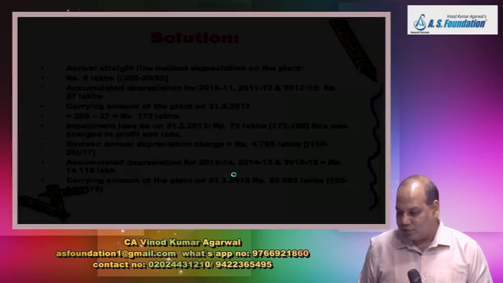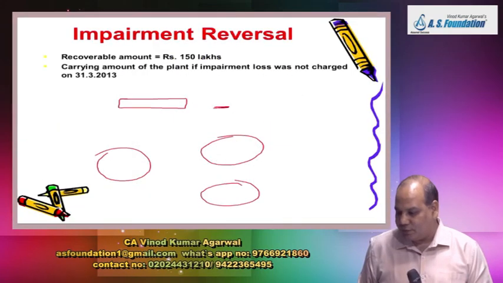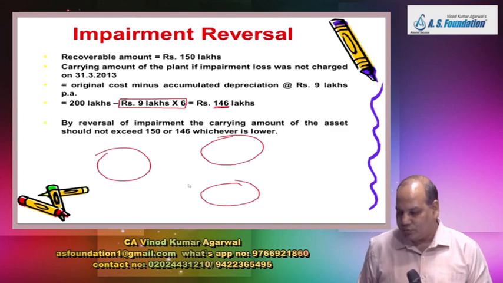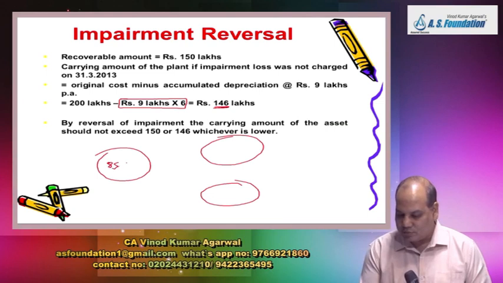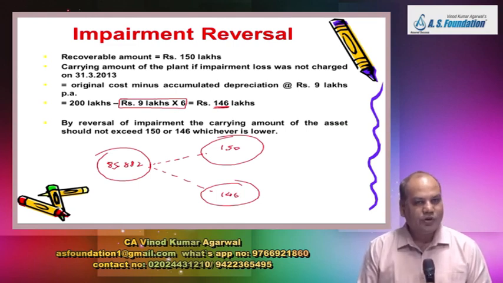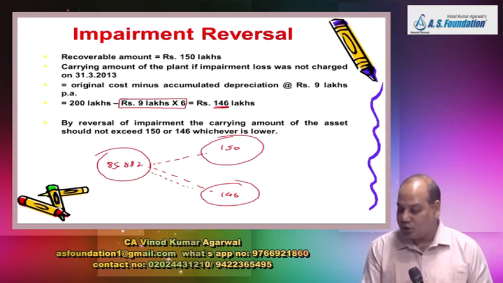Now first you understand which path you will choose. Your present carrying amount is 85.882. You are standing here. You are looking in front. There are two paths. One path leads to 150. One path leads to 146. Which path you will choose? The path which leads to the lower of the two, 146.